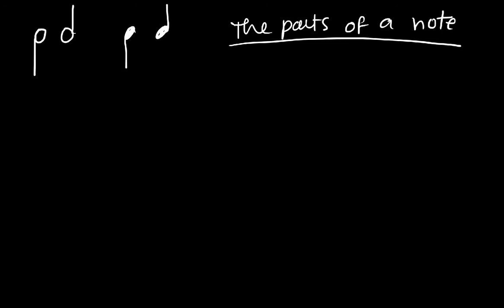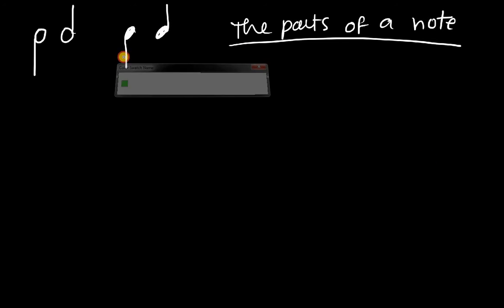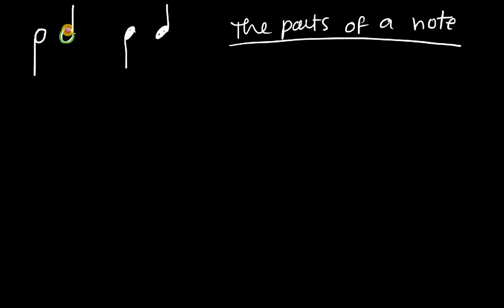The round part here, and even here, are called note heads. And the stick that comes up or down from the note head is called a note stem. And that's the parts of a note.